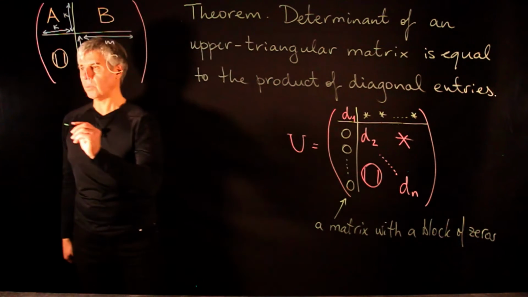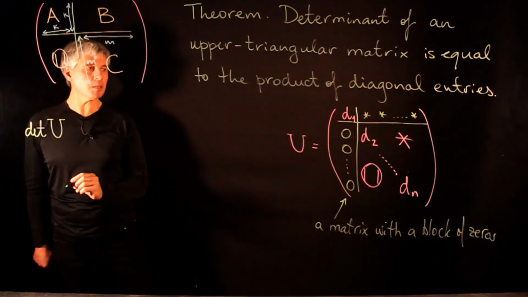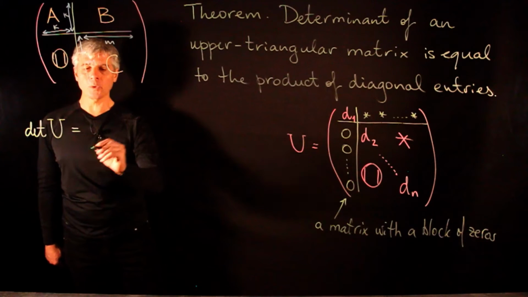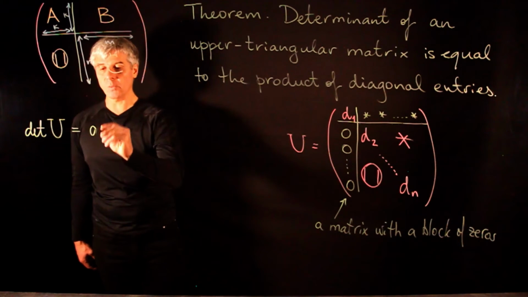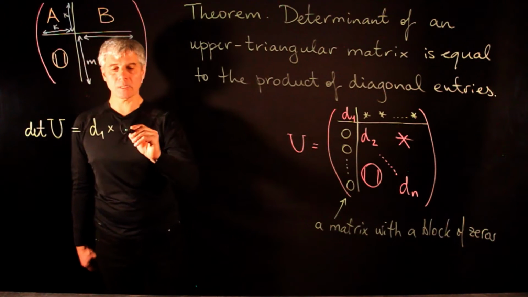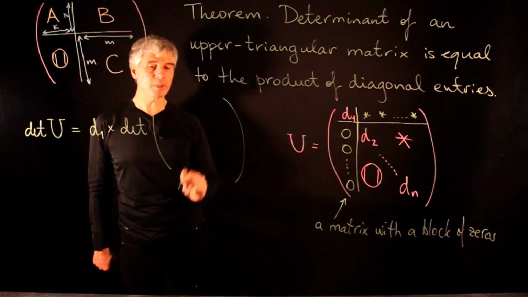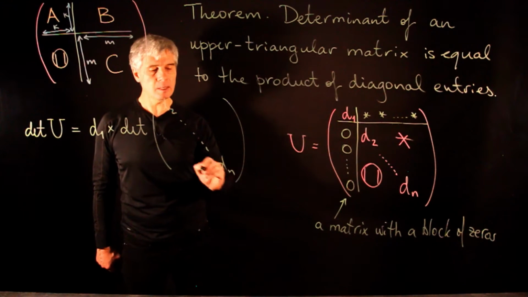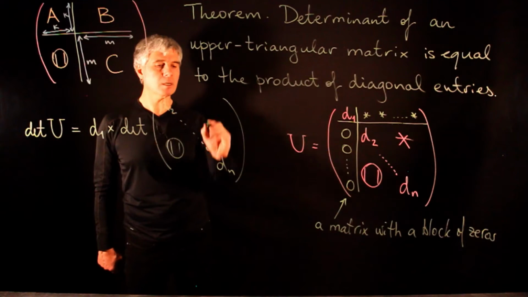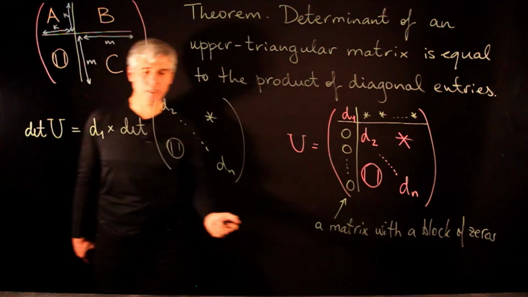And so we can conclude that the determinant of the upper triangular matrix is equal to this 1x1 determinant, which is d1, times the determinant of the smaller upper triangular matrix. So we have d2, dn, then all zeros here and something here. Right? So this is the second block here.